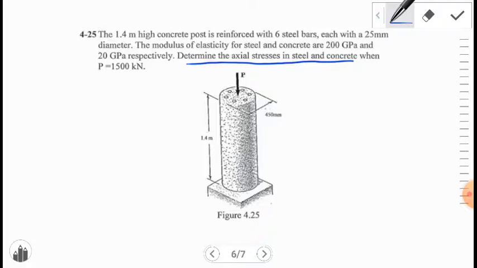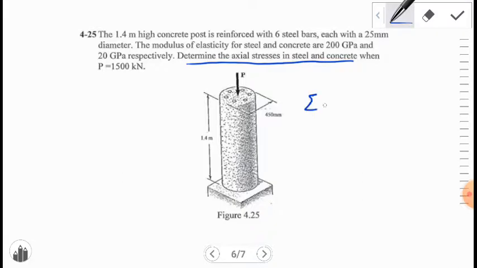We have the cross-sectional area based on the dimensions that we have in the question. We need to find P for finding the stresses in the steel and concrete. Again, the first equation is based on the equation of equilibrium.